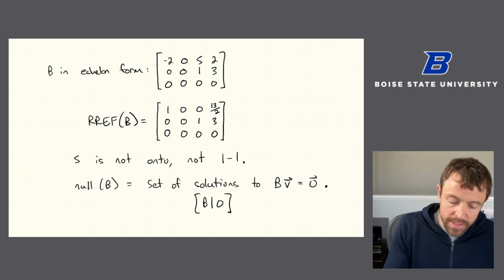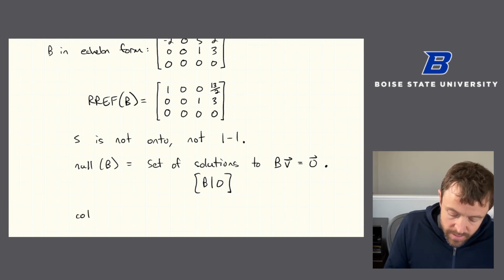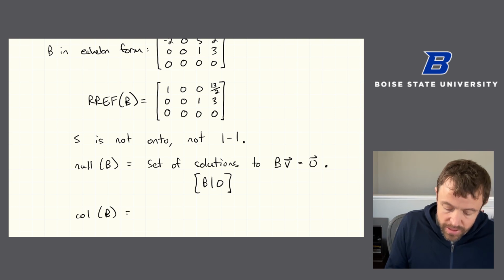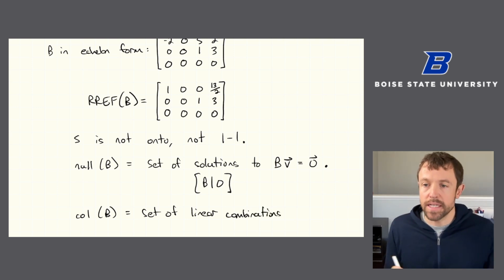What's less obvious is that the column space of the matrix is the set of linear combinations. This is how we defined the column space, right? It was the space spanned by the columns.